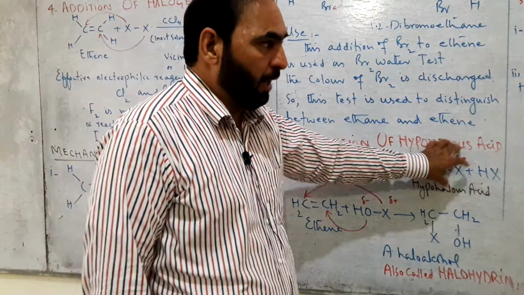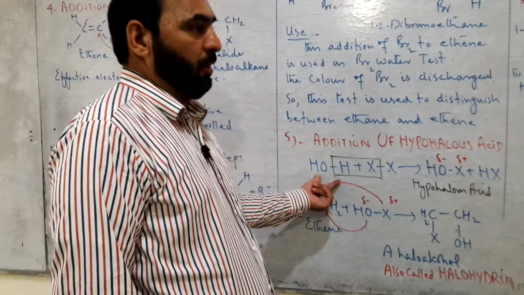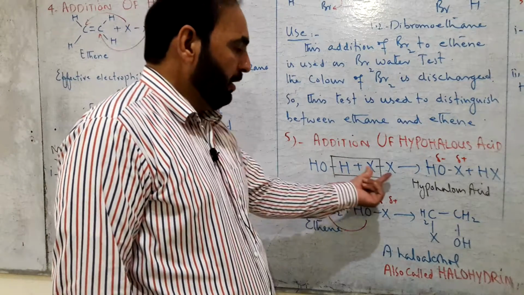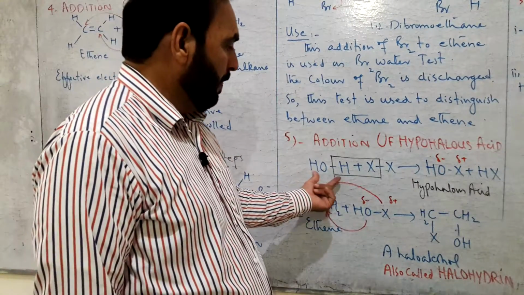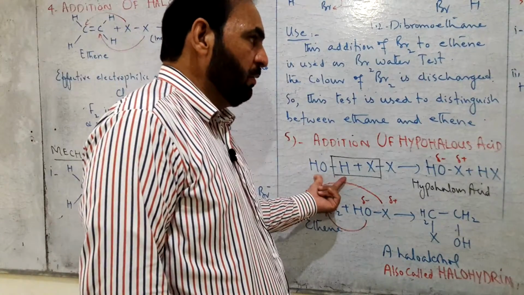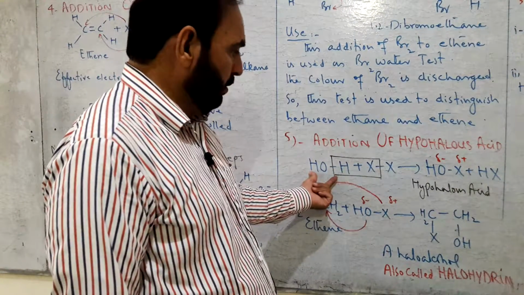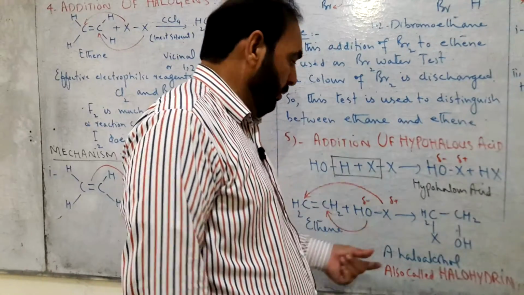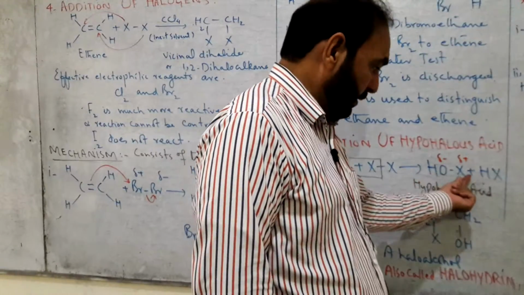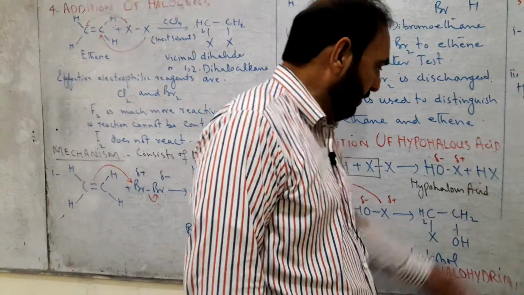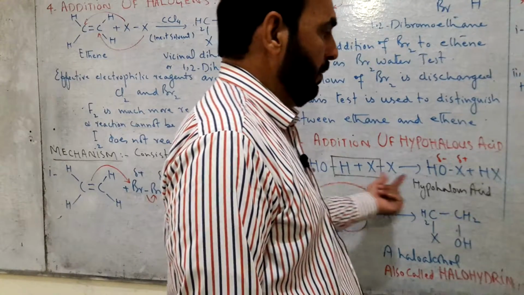This acid of halogen is formed when we use water as a solvent while adding a halogen to an alkene. In such a case, the solvent molecule becomes a reactant. Water molecule first reacts with halogen molecule to form two acids. One acid is HOX, which is called hypohalous acid, and the other acid is HX, halogen acid.